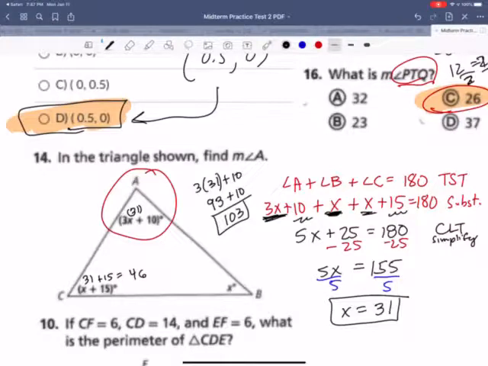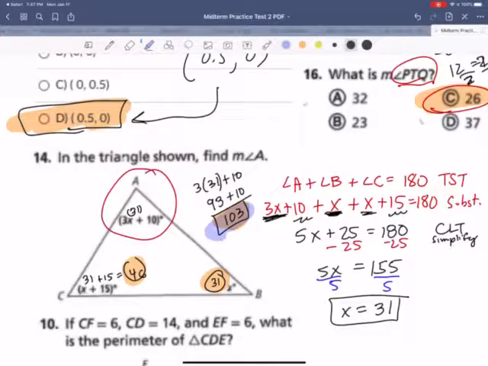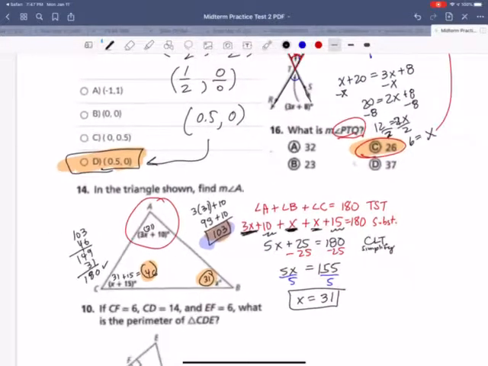And this is x, which is just 31. And just to be sure, I'm a little worried if I'm right. I think I'm right. They want angle A. Let me double check my math. So let me add up all 3. Yep, okay, I'm right. They should all add up to 180, and they do.